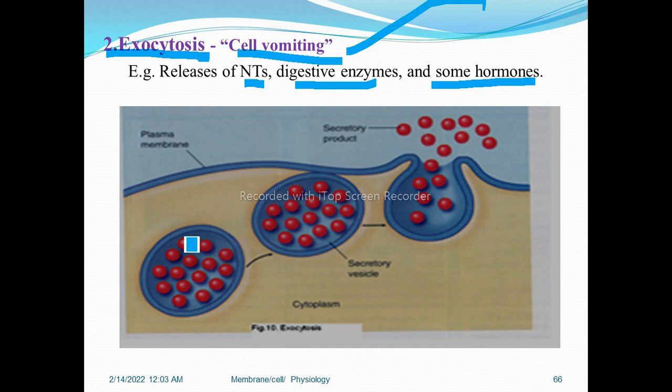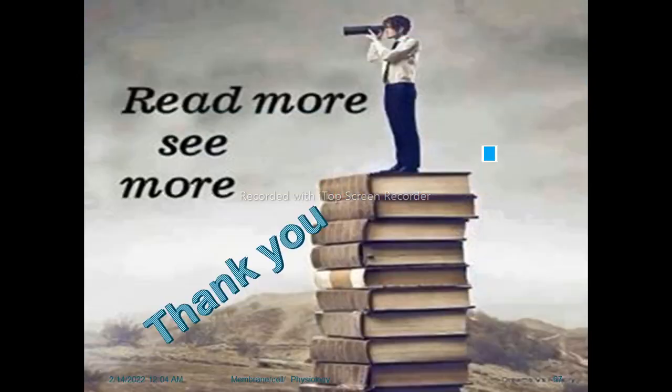These enzymes, neurotransmitters or hormones are found in the cytoplasm, then in secretory vesicles. This vesicle comes in contact with the cell membrane, and the cell membrane forms just like this and removes these hormones and enzymes.